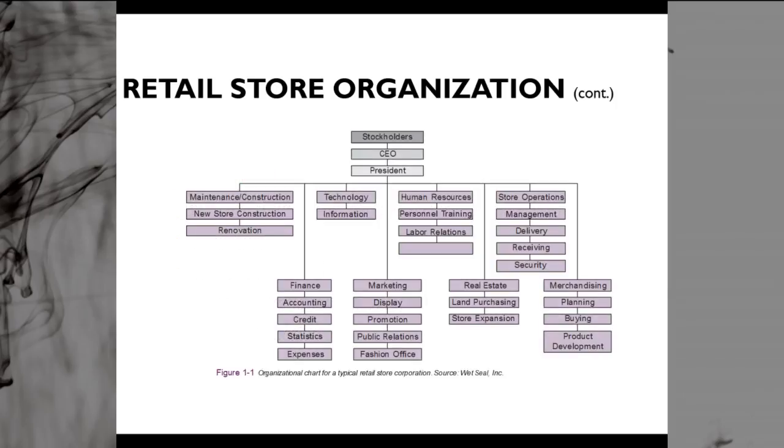This is one example of a retail store organization, because nowadays even more functions are needed for the store. So you can see more concepts added to merchandising, financial control, store operations, and sales promotion. This is from the Westfield company, and you can see this organizational chart for a typical retail store corporation.